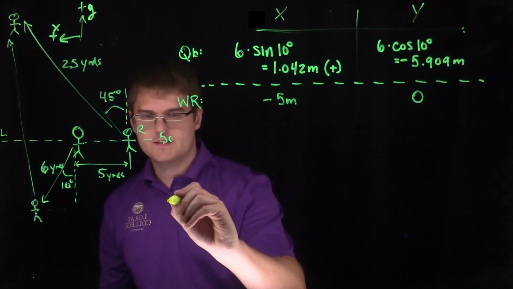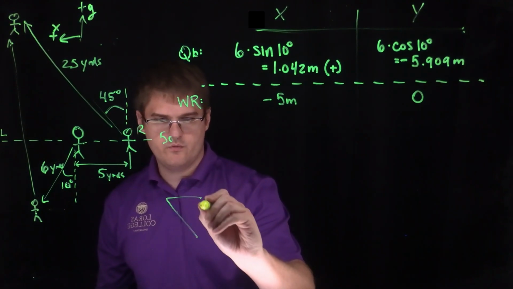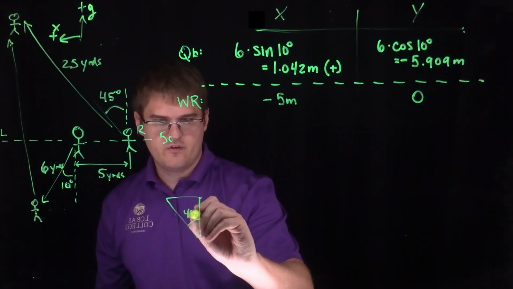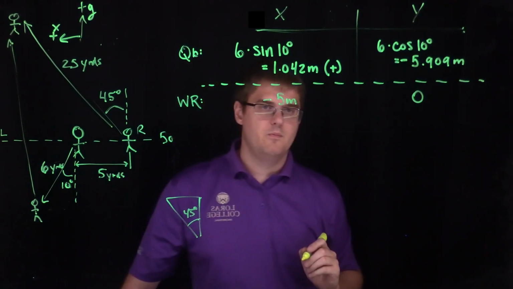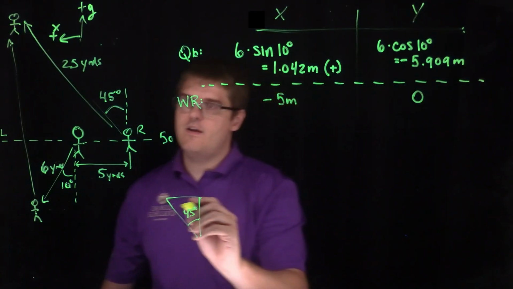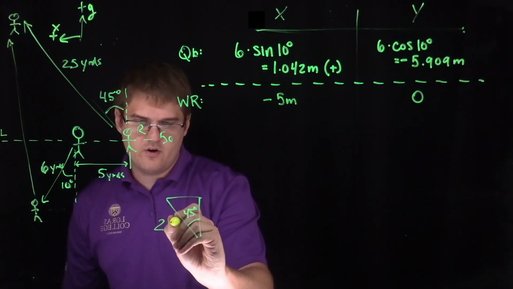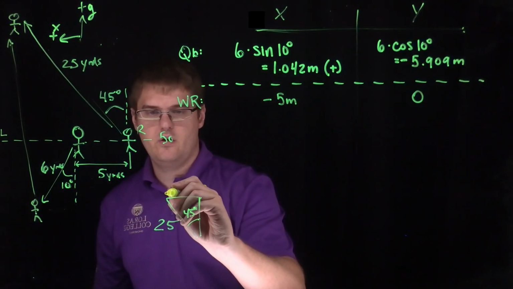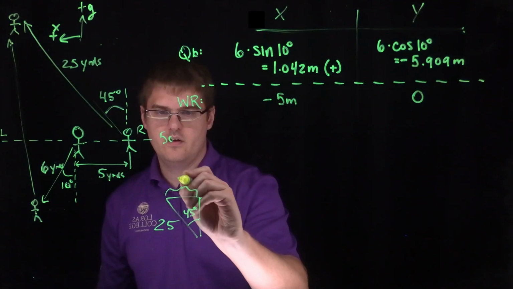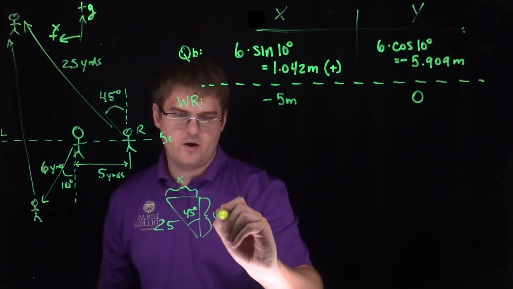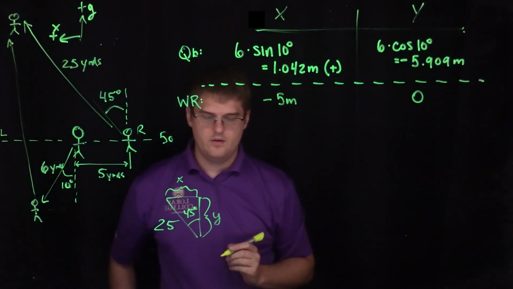It would work just the same because both of these angles would be 45, but better not get confused by the fact it's 45. So 45, and this is 25 yards. So this portion right here is in the x. This portion right here is in the y.